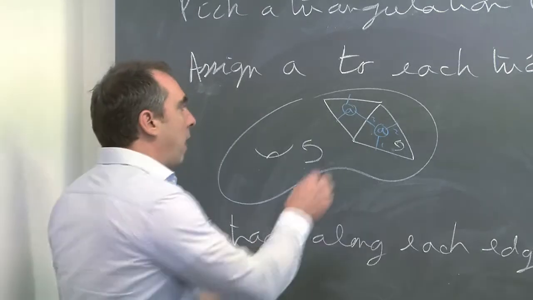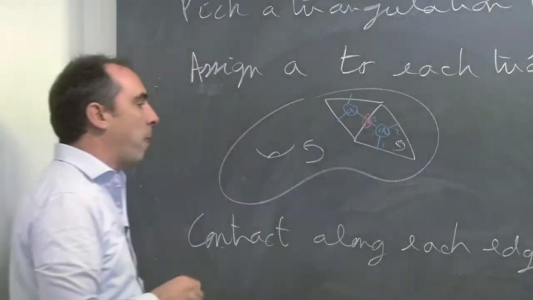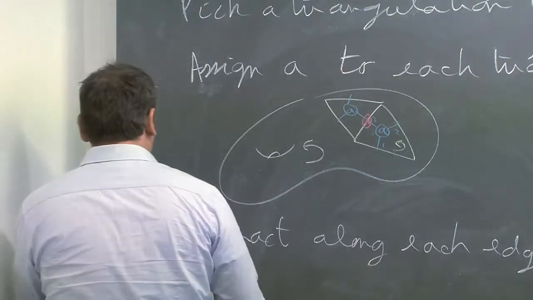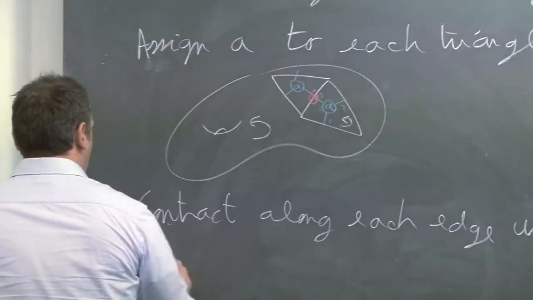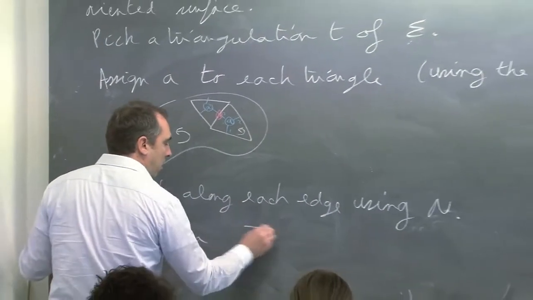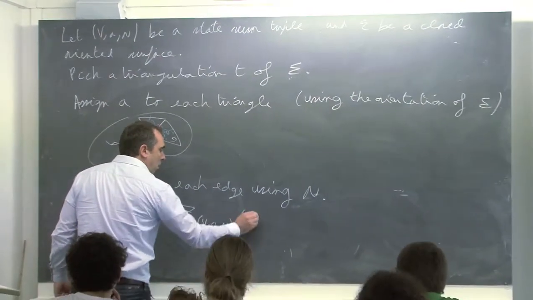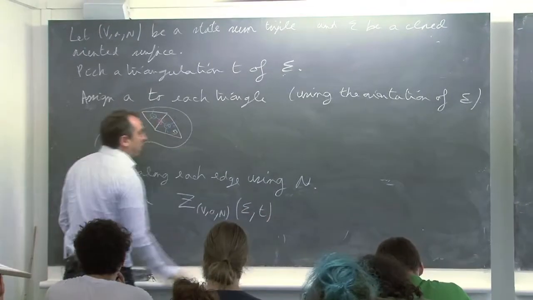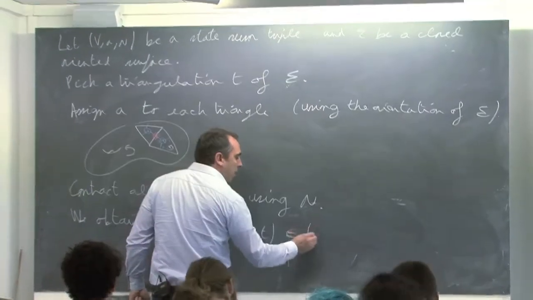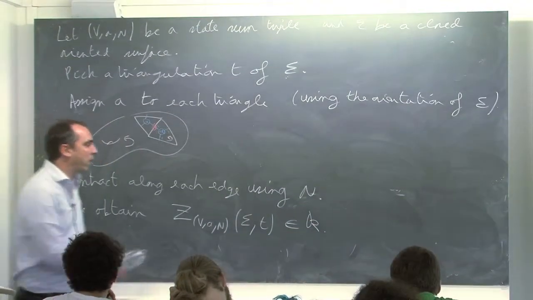So you can contract using μ. Okay. So what do we obtain? We obtain a number C in K, which a priori depends on the triangulation.